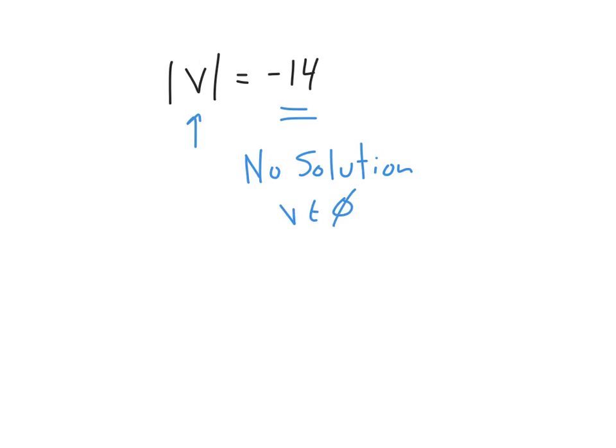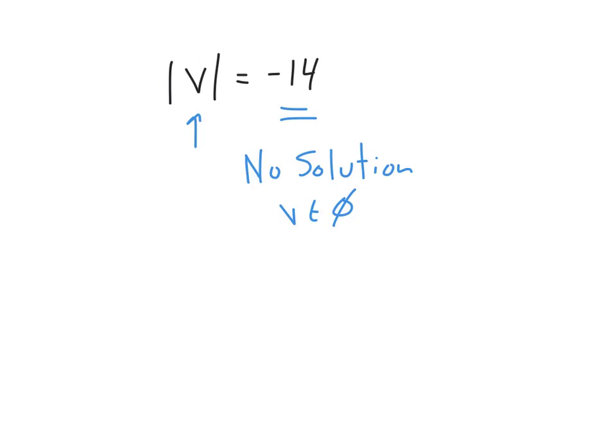There are no values for v that can give us an absolute value of negative 14. So that's kind of like a trick. Now, there are certain times, which we'll find out later, where there can be a negative number on the right-hand side. But when we get down to the absolute values, if it looks like this, we have to say no solution. So just be ready for a little bit of extra consideration whenever there's a negative number on this side.